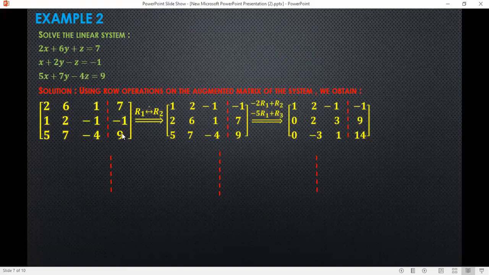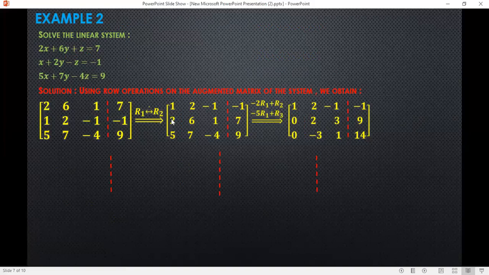As I told you before, you must start with the leading one, or the pivot must be 1. Here we have two choices. Either you divide the first row by 2, or replace the first row with the second row. Then you will ensure that the first leading entry is 1.